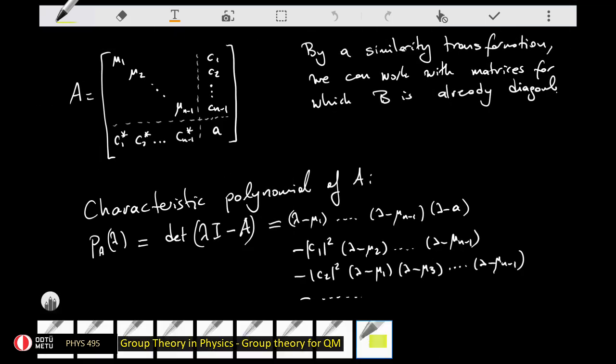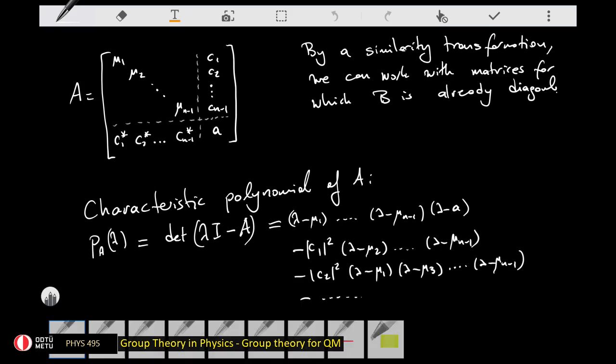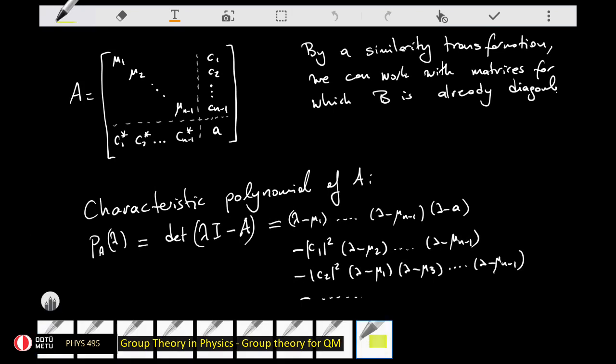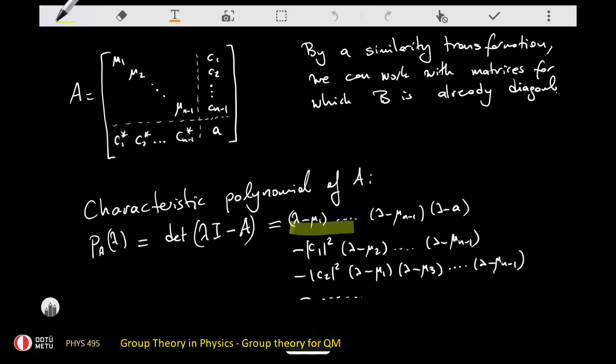So first we have these, let me use the highlighter in here. So we have basically the characteristic polynomial of B multiplied with lambda minus A is basically the product of the contributions coming from the diagonal entries. That's one exceptional term.